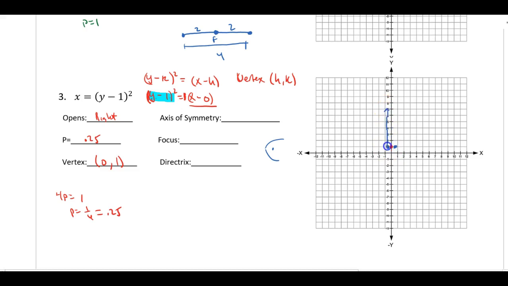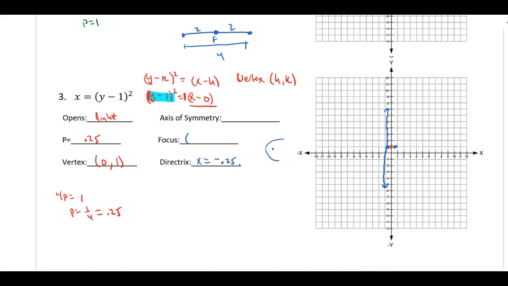And now my directrix is a vertical line. Since my directrix is a vertical line, this is going to be at x equals, if I go from 0 to the left, 0.25, that would put me at x equals negative 0.25.